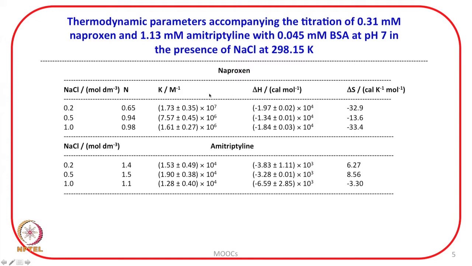Let us first take a look at the binding of naproxen. As the concentration of sodium chloride is increased in solution from 0.2 molar to 0.5 to 1, the binding affinity decreases from the order of 10 raised to the power 7 to 10 raised to the power 6, and a further increase in sodium chloride concentration leads to a further decrease in the value of the binding constant.